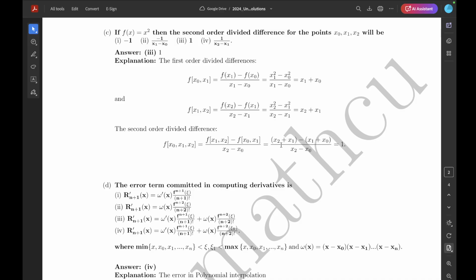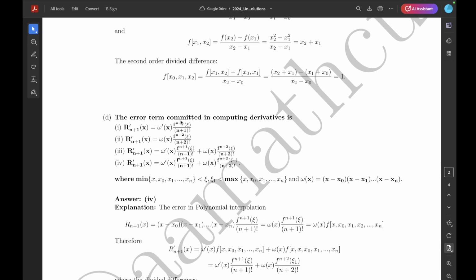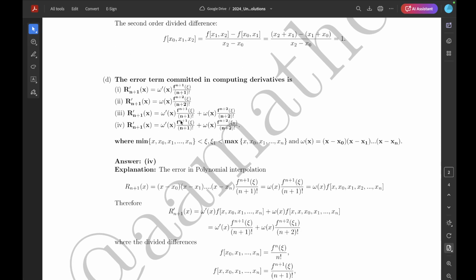That is x2 plus x1 minus x1 plus x0, so x1 cancels, so x2 minus x0 by x2 minus x0, so this is equal to 1. Correct option is 3.